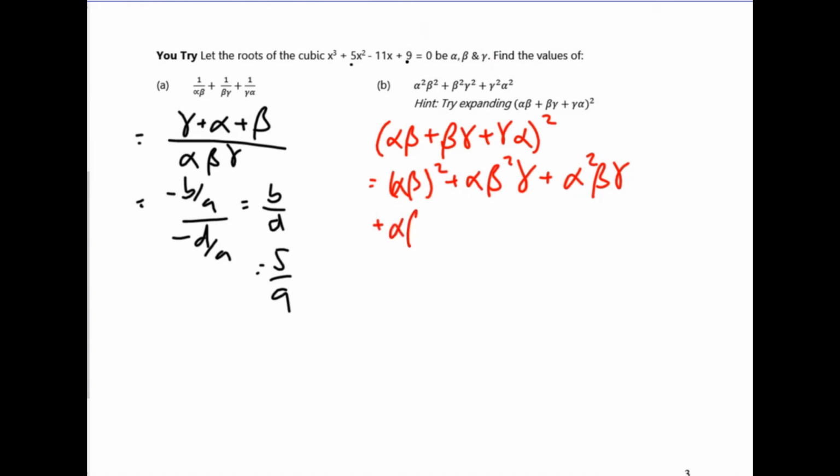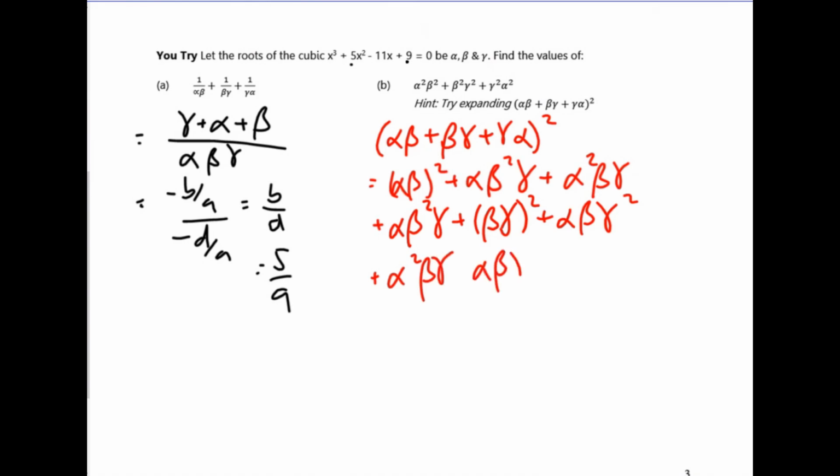So I get alpha beta squared gamma plus beta squared gamma squared plus alpha beta gamma squared. The last one, I times everything by gamma alpha. So I get alpha squared beta gamma, I'm going to get alpha beta gamma squared, and for the last one, I get gamma squared alpha squared. So notice the way I've done this.